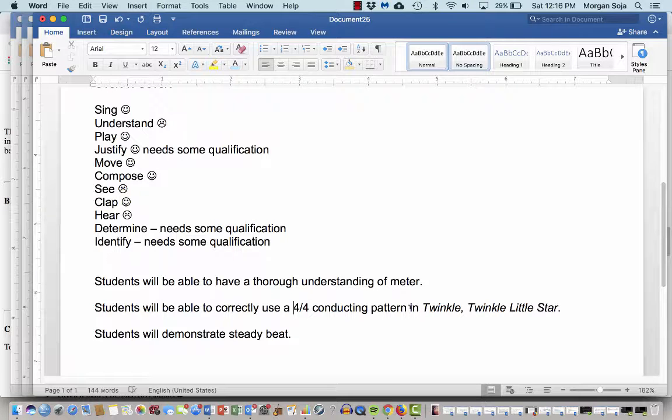So if they have Twinkle Twinkle Little Star, twinkle, twinkle, little star, I'm going to want them to show the downbeat at what would end up being the beginning of each measure of 4-4. That's going to tell me that they understand where the downbeat is and that there are 4 beats in the measure. So that is something that has use a conducting pattern, essentially.